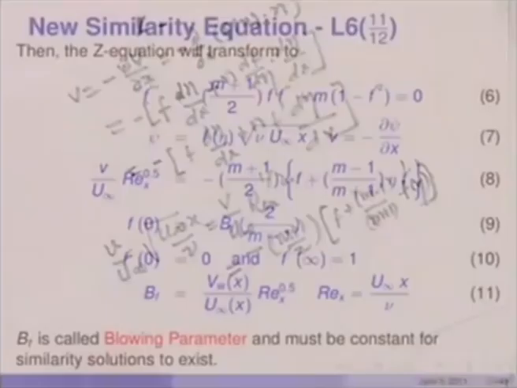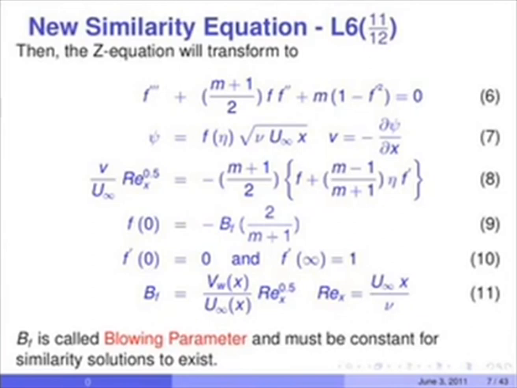And that is what I have shown here. So, you now get a solution to v in terms of f and f dash and eta. So, v as a function of eta is known in terms of the pressure gradient parameter m. At eta equal to 0, you have v w. So, that will transform into v w x by u infinity, because all I do is put f(0) and f dash(0).